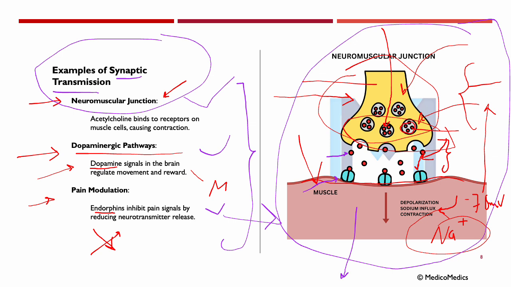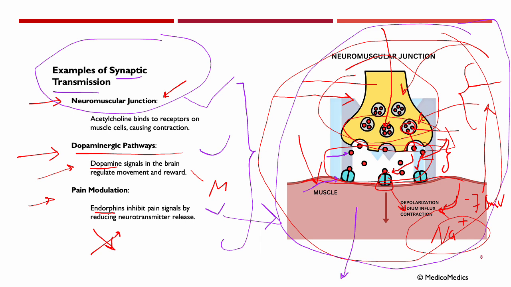This vesicle then fuses with the membrane, releasing the neurotransmitter, whatever that is. It then enters a cleft, the synaptic cleft, to find its receptor. Once it binds to it, there is an influx or efflux of other ions, leading to contraction in this case, when we're talking about acetylcholine, for example. So get this concept clear.